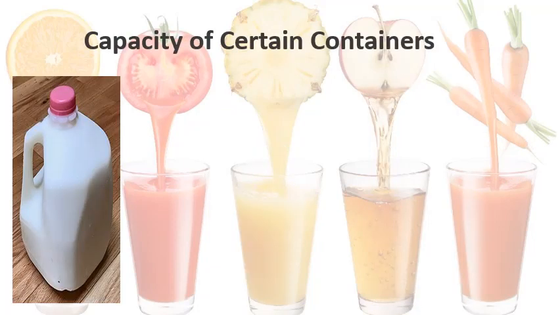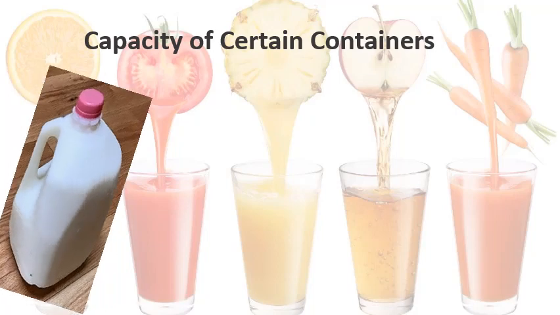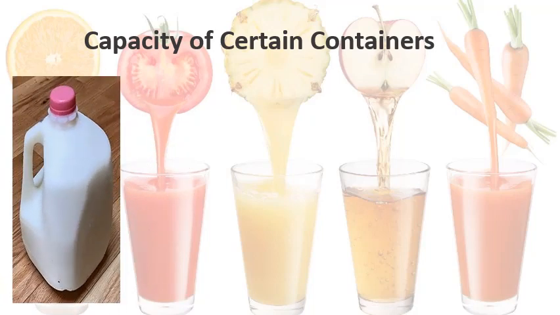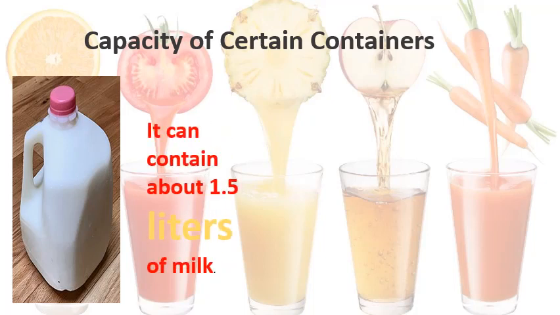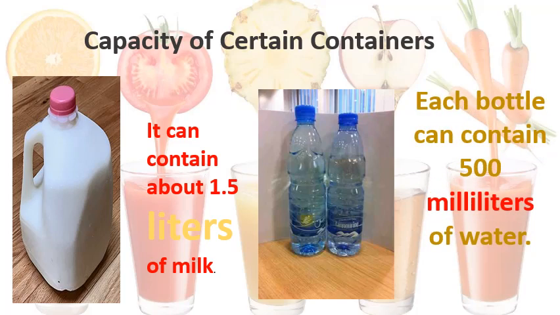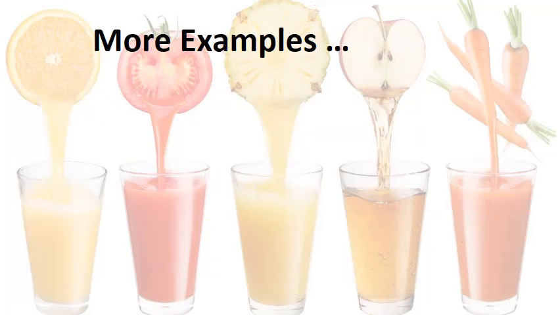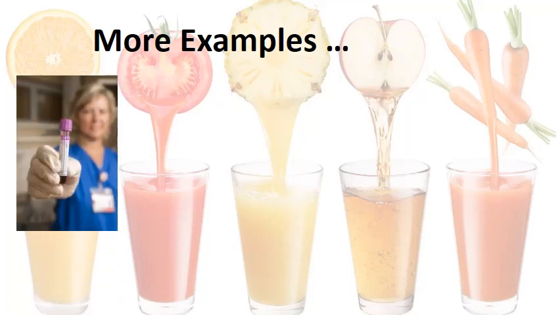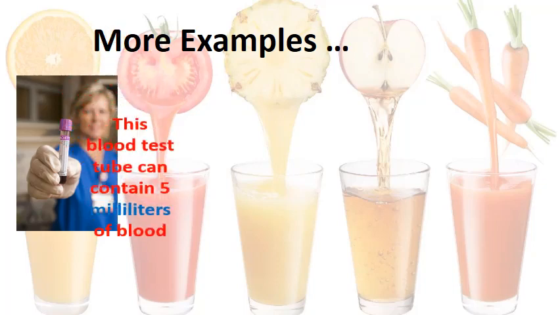Capacity of certain containers. This bottle of milk contains about 1.5 liters of milk, while each of these water bottles can contain 500 milliliters of water. More examples. Can you see this small test tube?